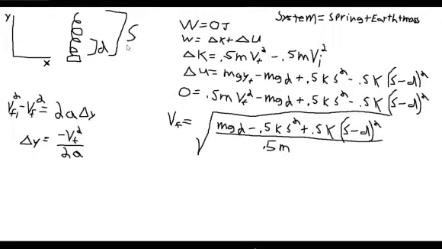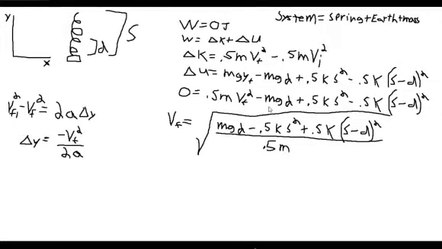Since s is the stretch, this is the final stretch at the equilibrium point, and this is the stretch once it's released, s minus d. So we get 0 equals 1/2 m v final squared minus mgd plus 1/2 ks squared minus 1/2 k (s minus d) squared.